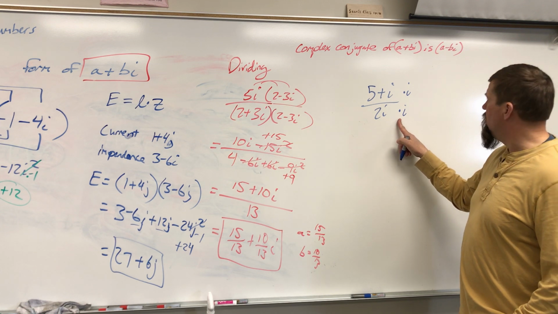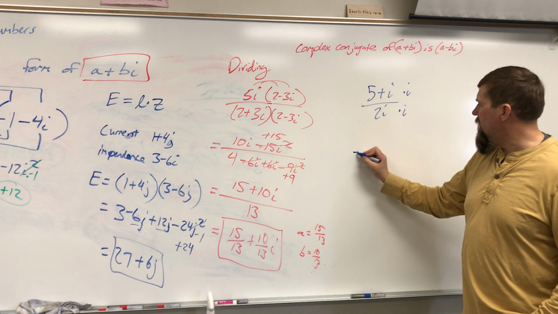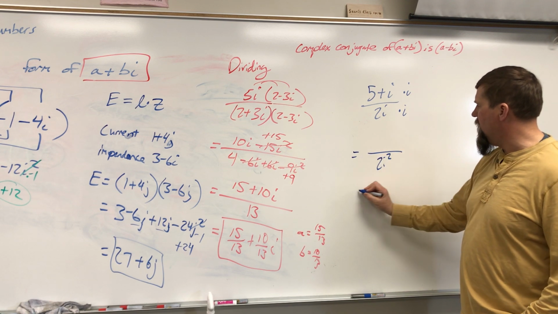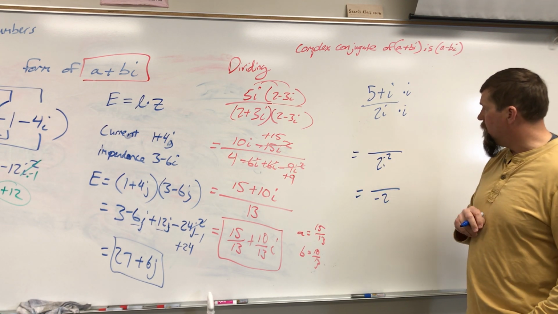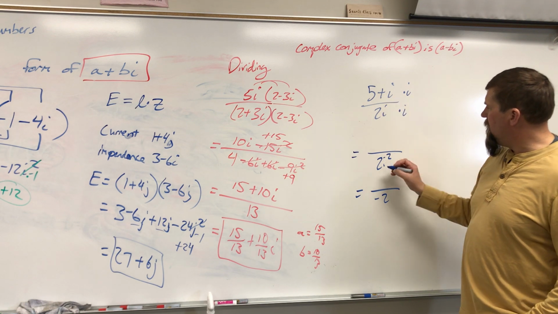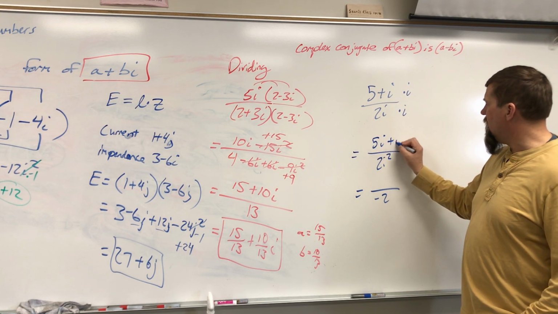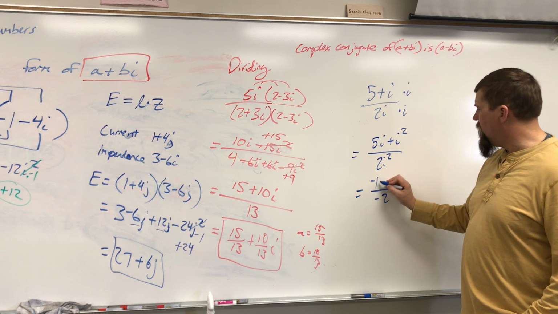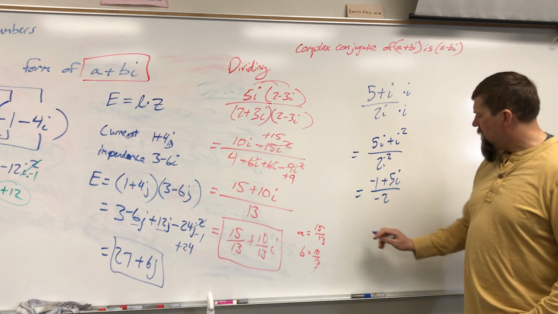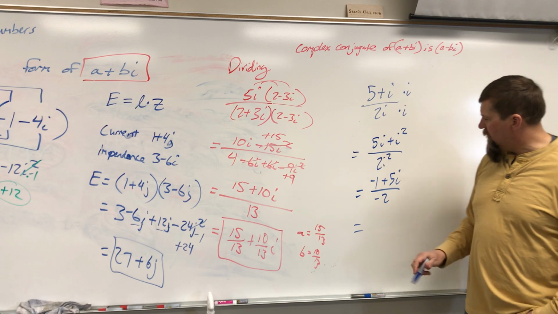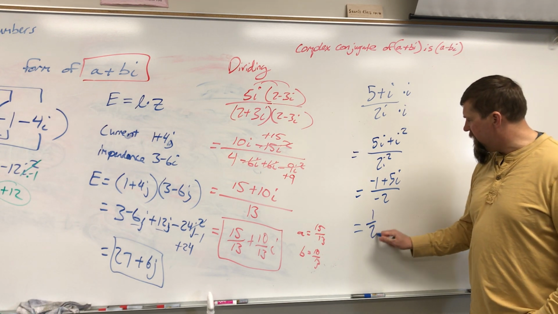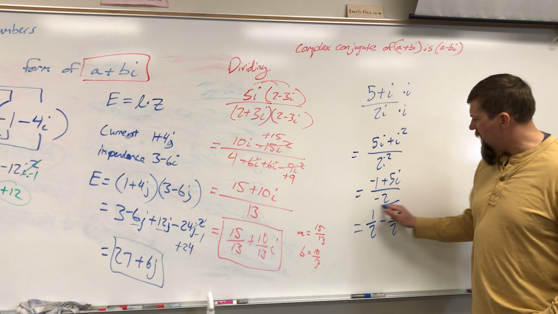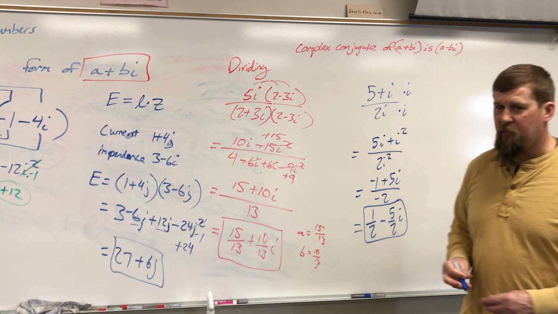All I have to do is multiply by i. And the reason is here, this becomes now 2i squared, or just -2. The numerator becomes 5i plus i squared, which of course is -1, so -1 plus 5i. Now I'm going to rewrite this as 1/2 minus 5/2 i. That is the number in complex form.